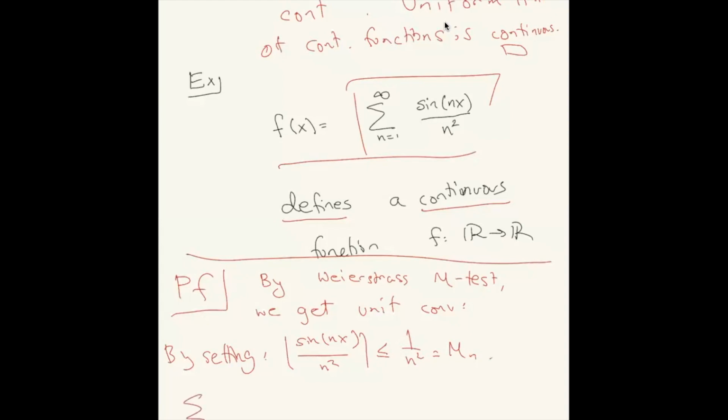Now the sum from n equals 1 to infinity of Mn is less than infinity by the p-test. So we get that it converges uniformly and the limit function is continuous.